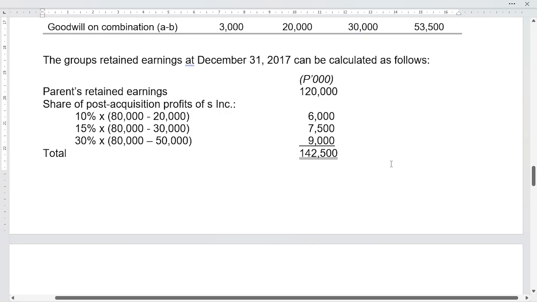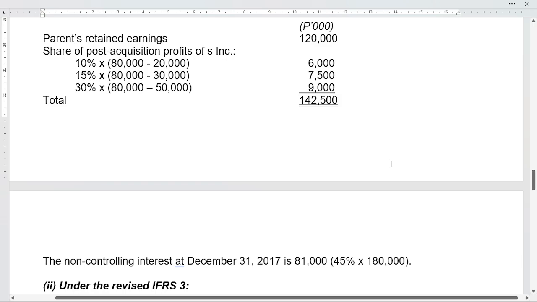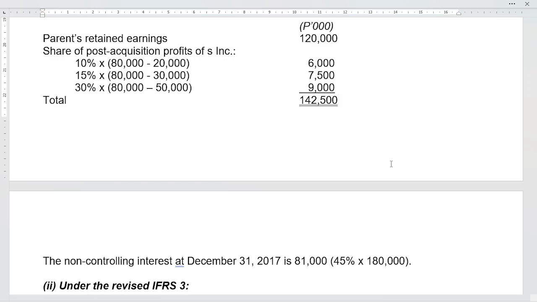Yung sa taas ng double I. Yan. The non-controlling interest at December 31, 2017 is 45%. So yung 55 nakuha na ni acquirer times 180.